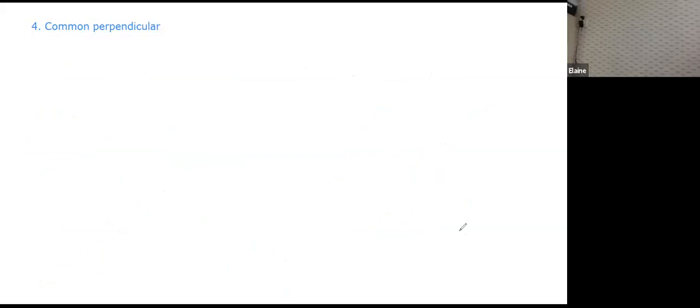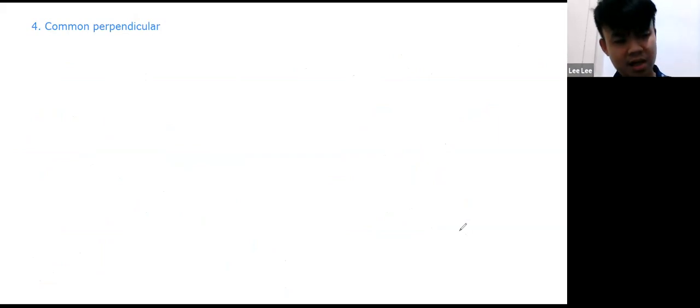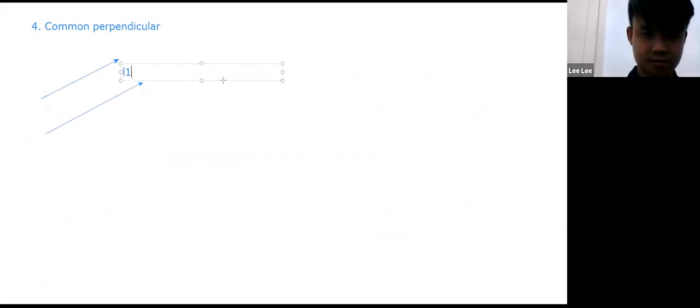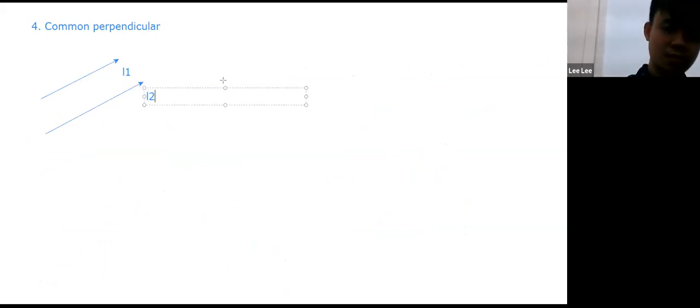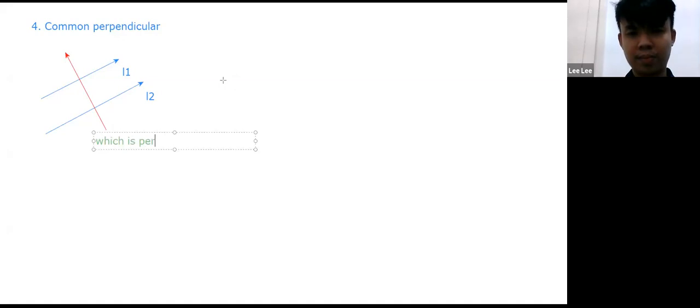What does it mean by common perpendicular? From the term, common means common to several lines. Let's say you have two lines, L1 and L2, and you are about to find a line which is perpendicular to both.